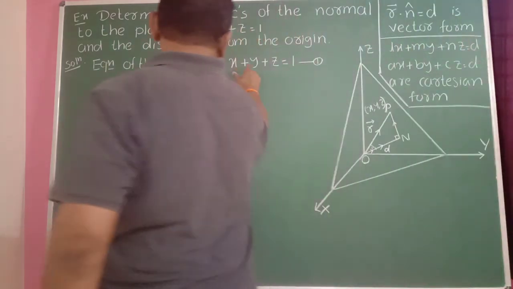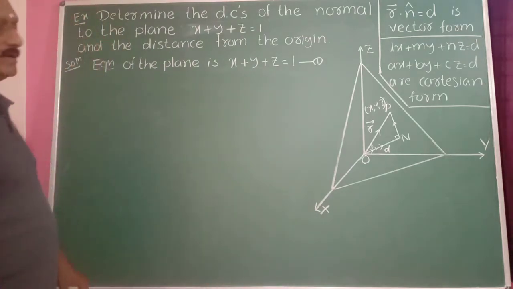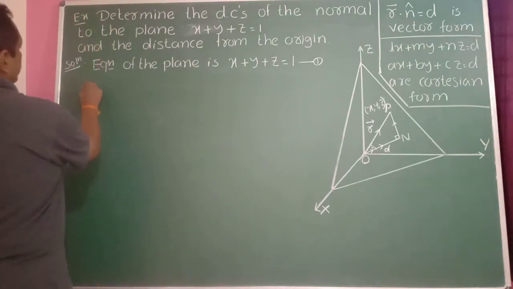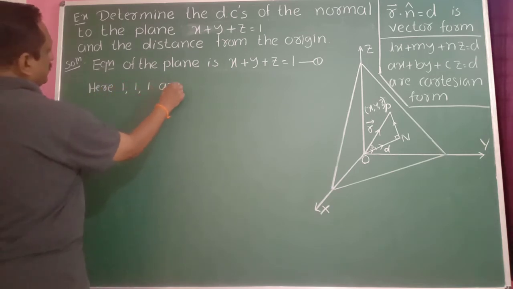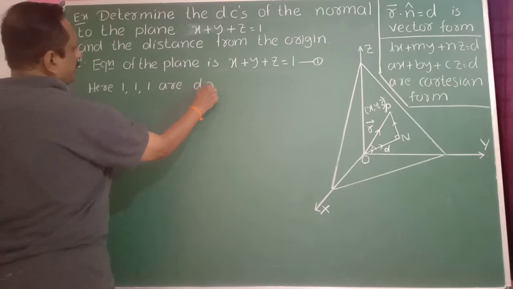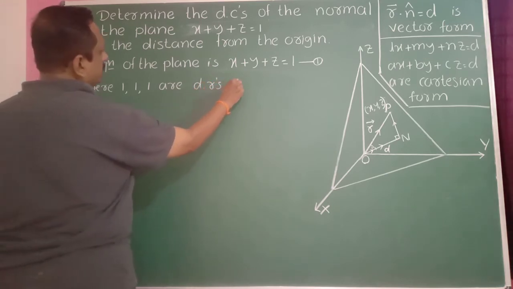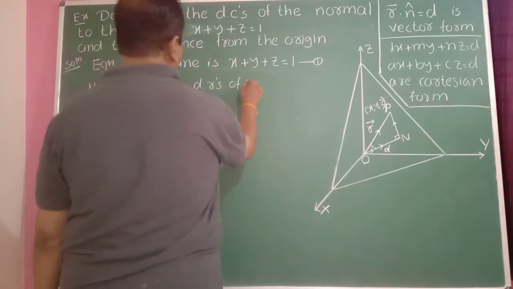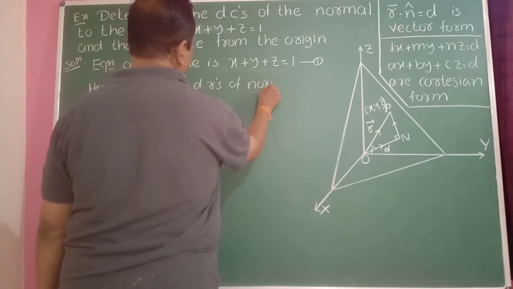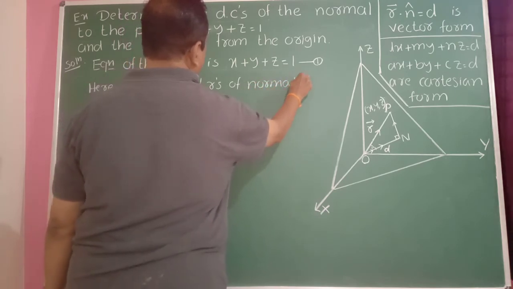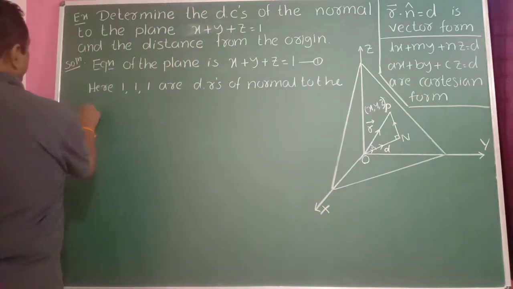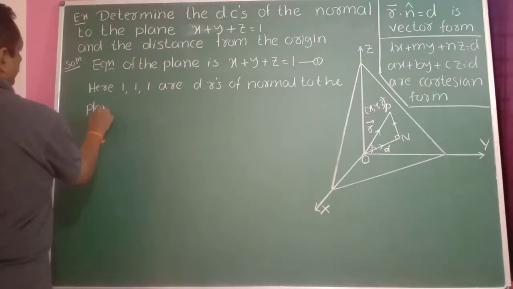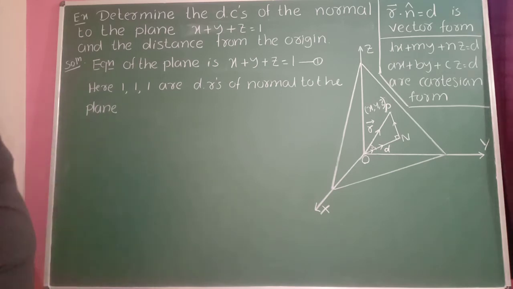Okay, therefore 1, 1, 1 are the direction ratios of the normal to the plane.